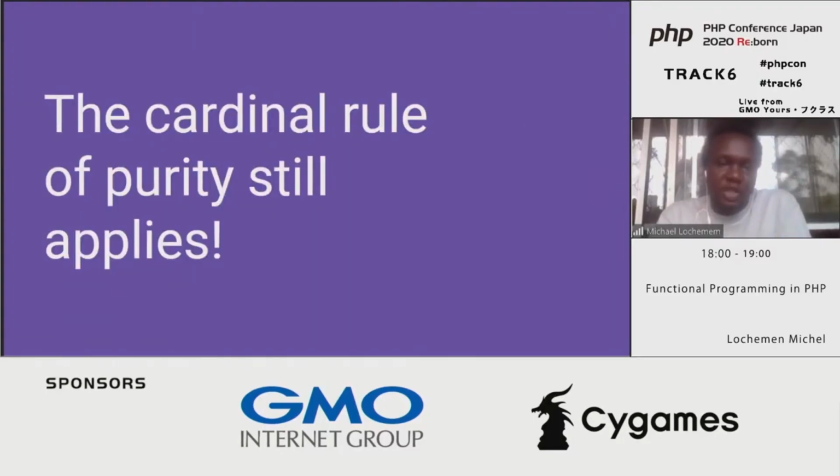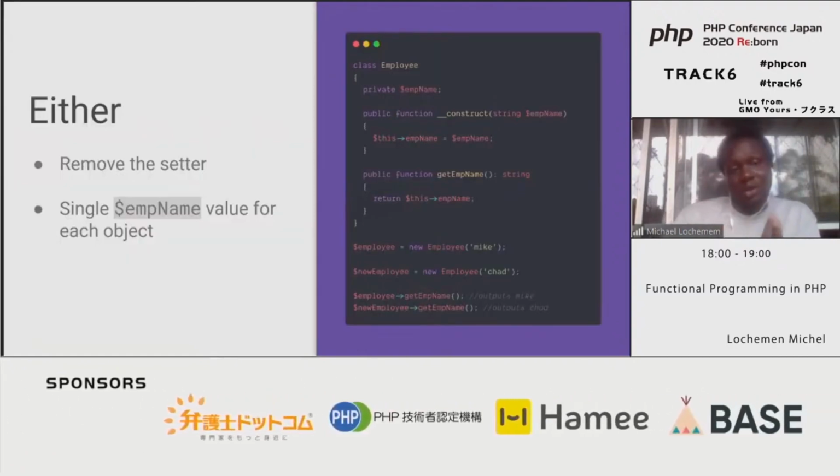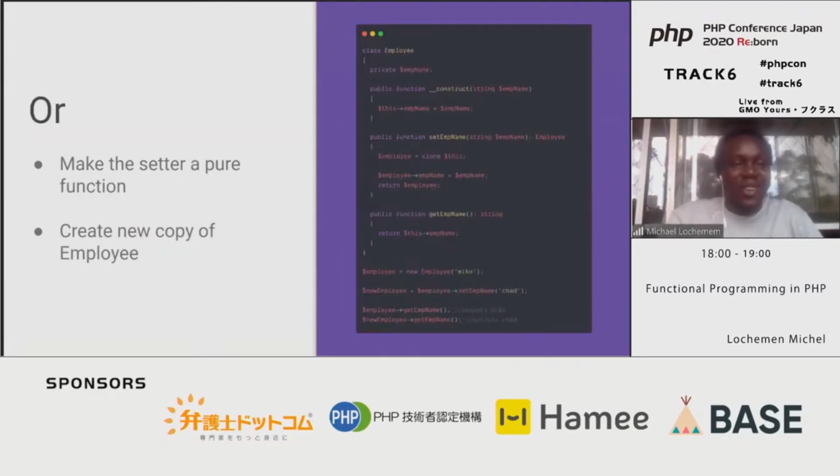Because the cardinal rule of purity still applies, you could either remove the setter altogether, so that I have the Mike object as the Mike object and the Chad object as the Chad object. Or I could make the setter a pure function. How do I do that? By writing the setter such that it creates a new copy of the employee. And you'll see this a lot with value objects. I don't know if anybody here is familiar with the money pattern. I think there's a library like that.